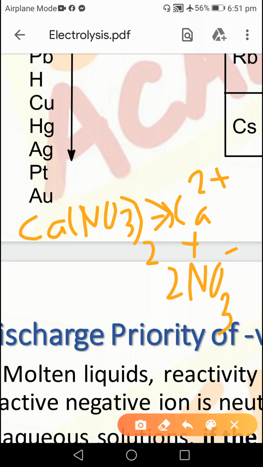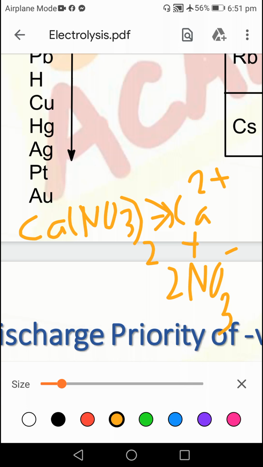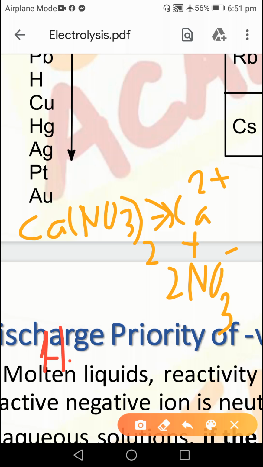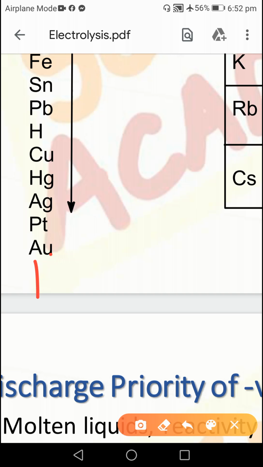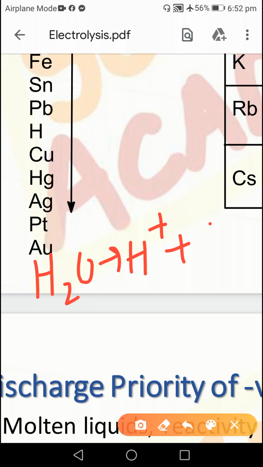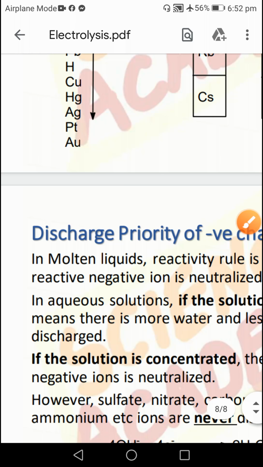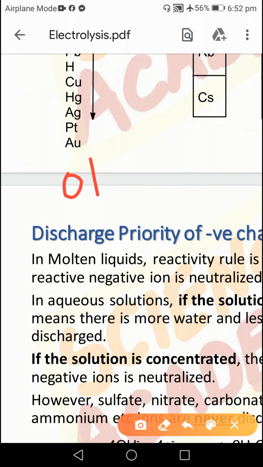At the same time the water molecule will also get broken down into hydrogen ion and hydroxide ion. This is always the case, that if anything is dissolved in water, the water molecule also breaks down to give hydrogen ion and hydroxide ion. So any aqueous solution contains hydroxide ion.